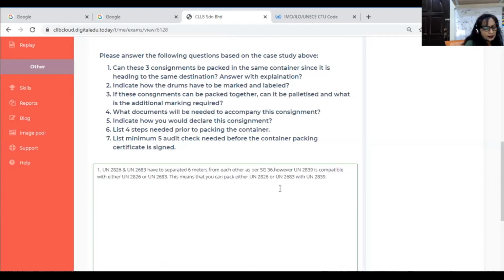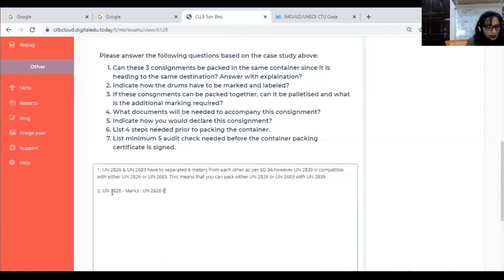Then the second question: indicate how the drums have to be marked and labeled. So for each UN number, you can start by saying for UN 2826, marks: UN 2826. And what is UN 2826? Class 8. We have to put the PSN first. The PSN is ethyl chlorothioformate.